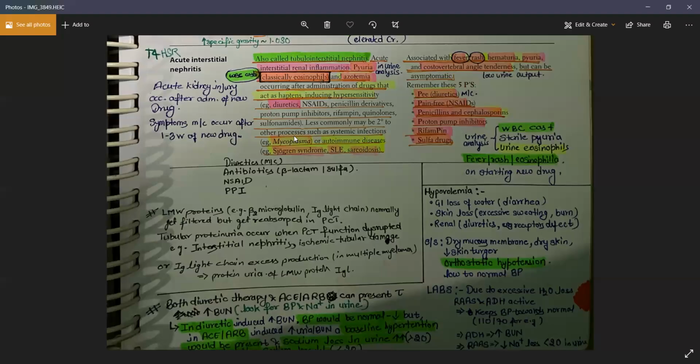This proteinuria can also be present in acute interstitial nephritis, so please remember that fact. In ischemic tubular damage, you can have this proteinuria. In interstitial nephritis, you can have this proteinuria also. Why is this proteinuria happening? Because your PCT is not functional now. Remember these two facts also.